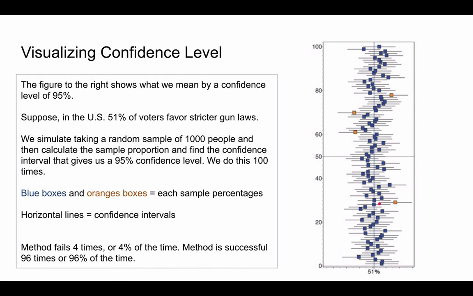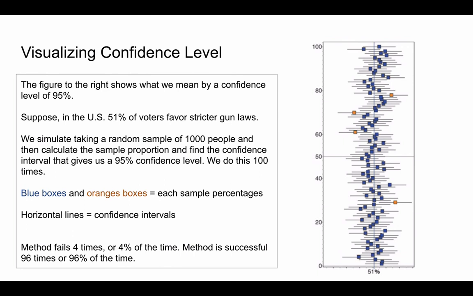So it's something like 55% to 95% of voters favor stricter gun laws, and we say that we're 95% confident here. Unfortunately, for this one, this one, this one, and this one, all the orange-yellow ones, we took a sample and got this number, and then we got our confidence interval, and our confidence interval doesn't even have the true population percentage in it.